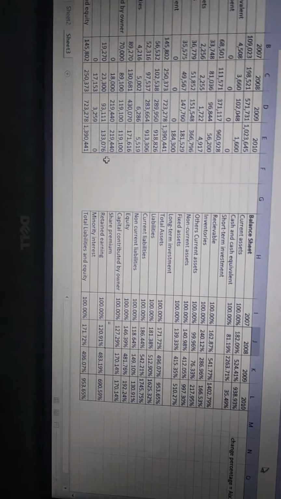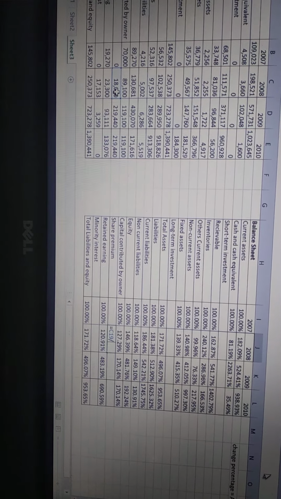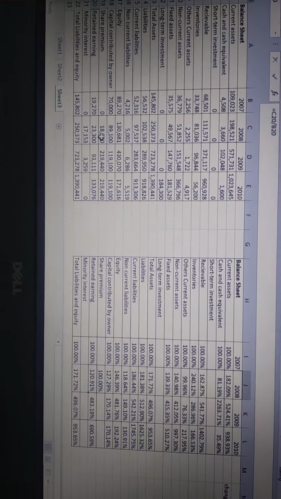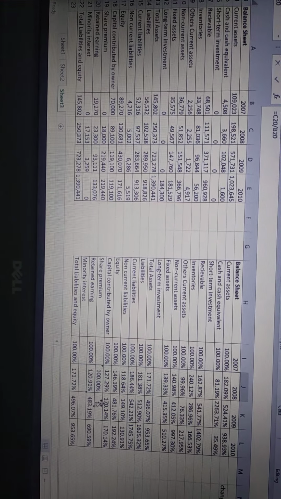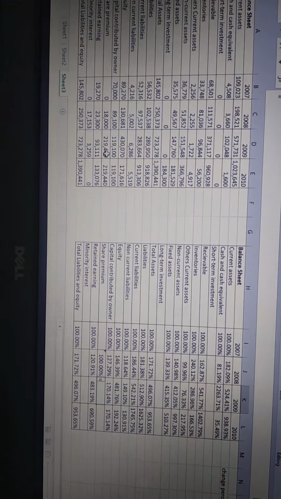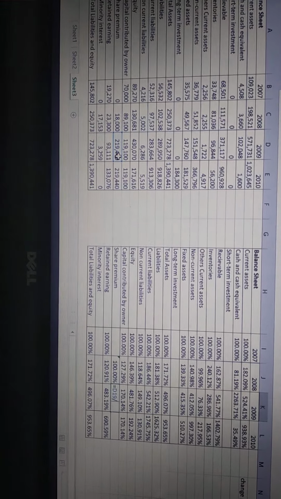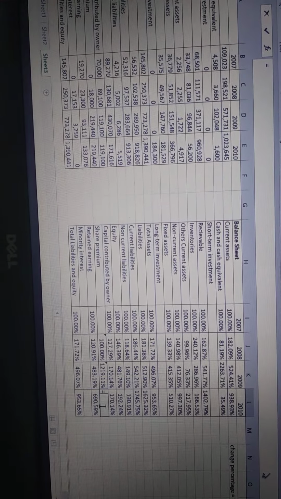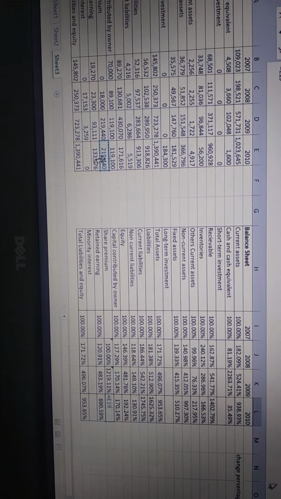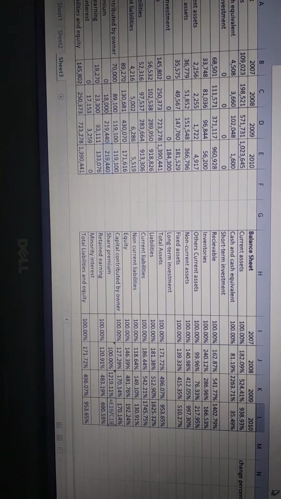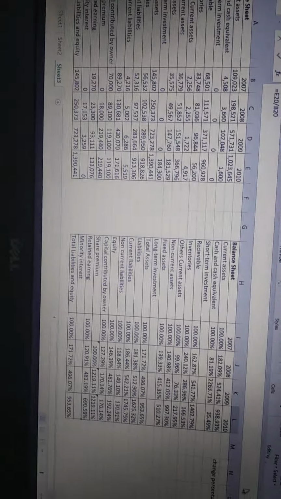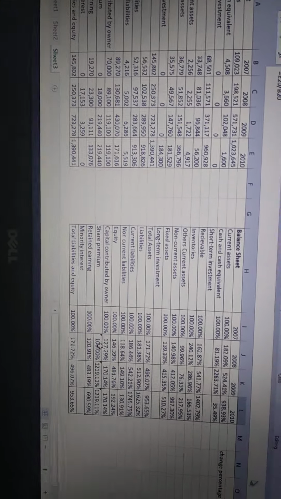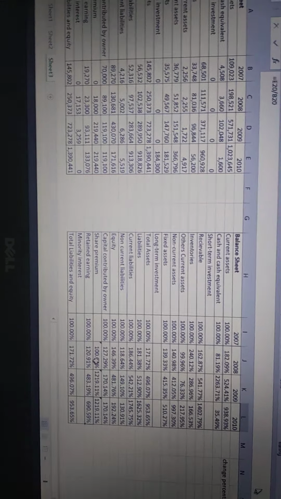And we will take the value of share premium in 2009 divided by the base year. The base year is this, not 2007, right? Okay, and we take this divided by this. However, you should remember the base year now is not 2007, it is 2008 now, right?